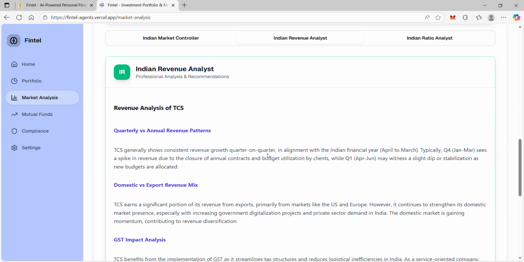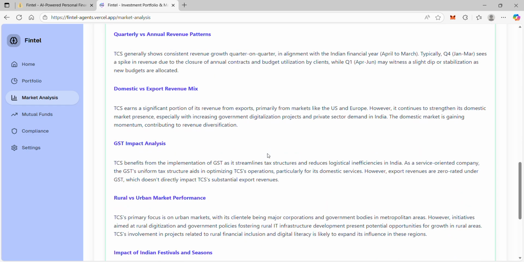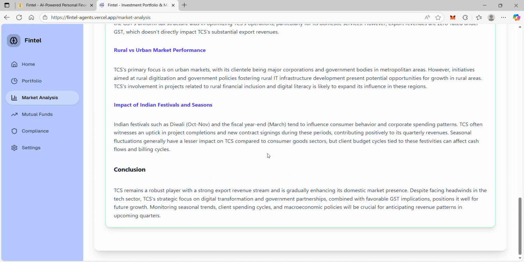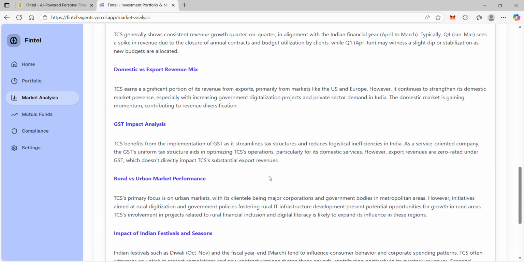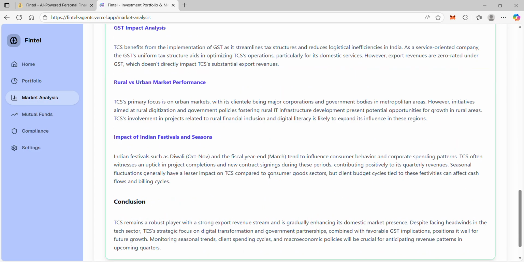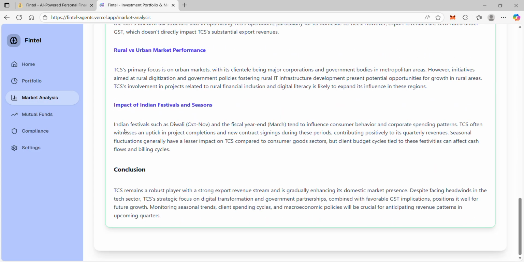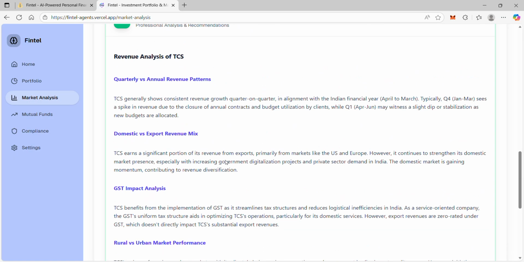This is the output of the Indian revenue analyst. It shows how a stock might perform over the year, for example, during Indian festivals when companies announce dividends. At that time, new contract signings and new projects might boost this particular stock.